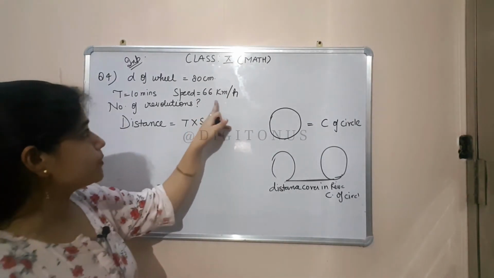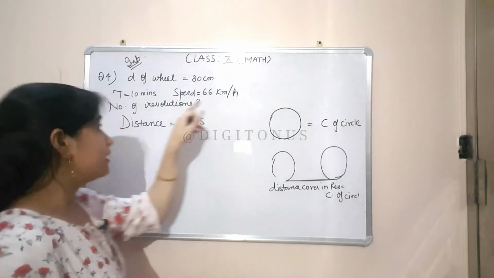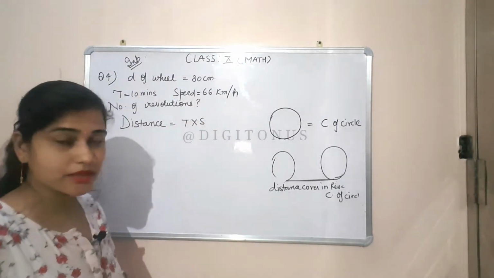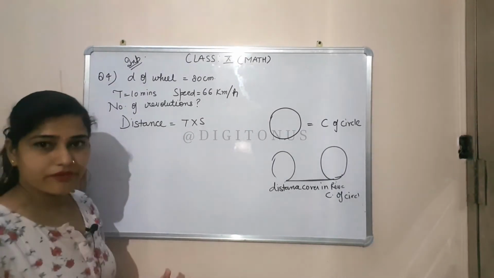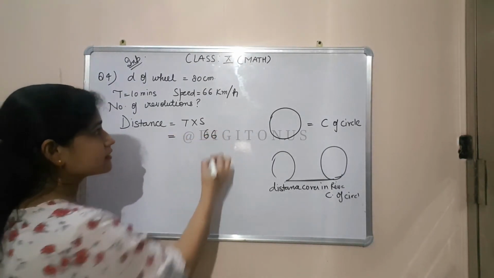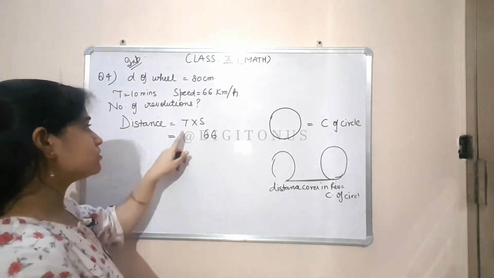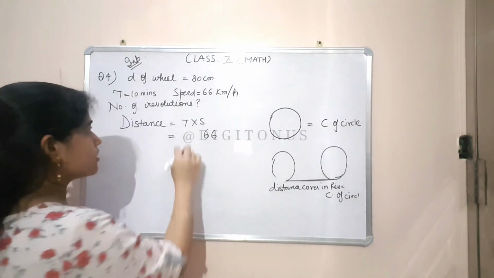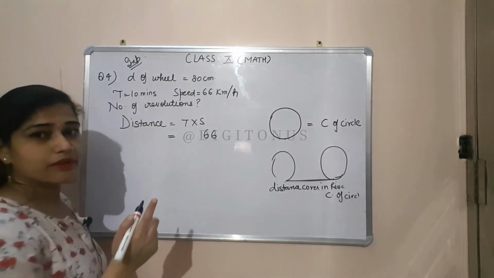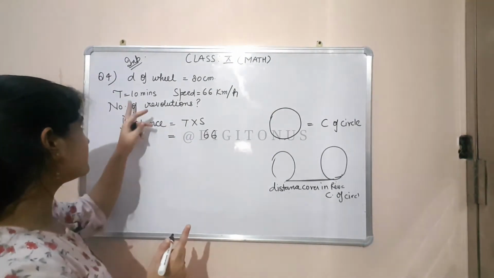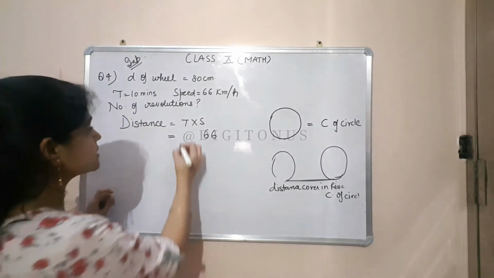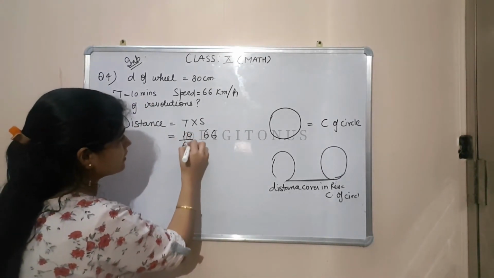You see here speed is in kilometer per hour, the time is in minutes, and the diameter of the wheel is in centimeter. All the units are different. So speed is in kilometer per hour, so time should also be in hours. So I am converting minutes into hours. How to convert? 1 hour is 60 minutes, so 1 minute means 1 upon 60 hour and 10 minutes means 10 upon 60 hours.